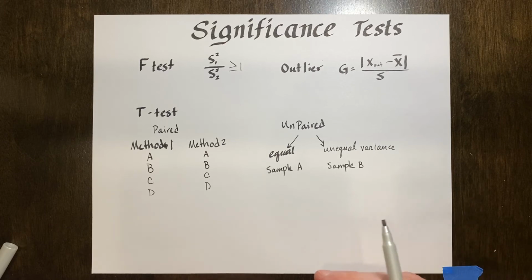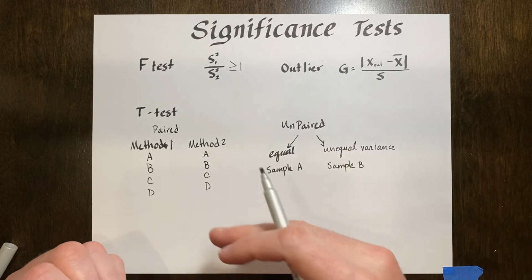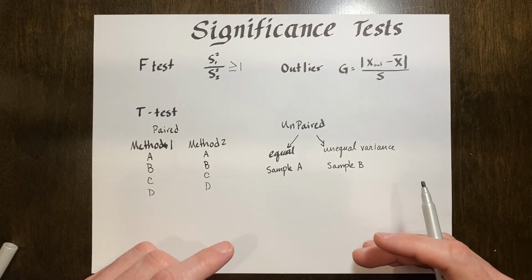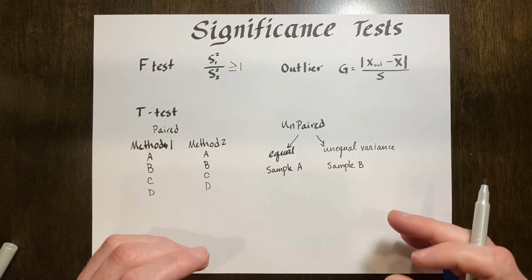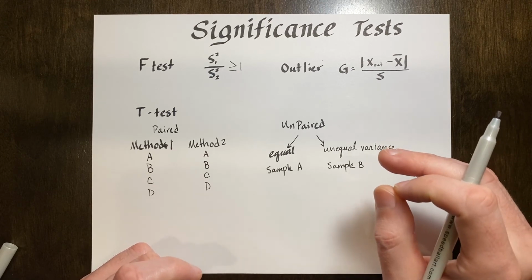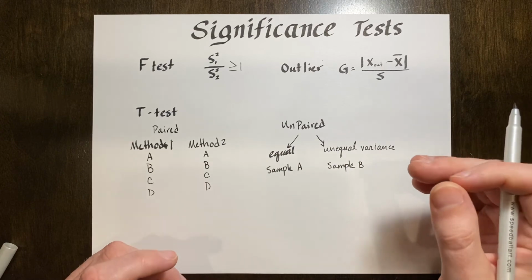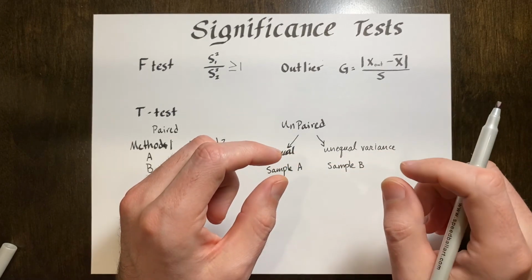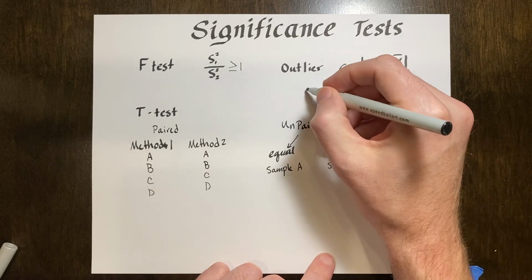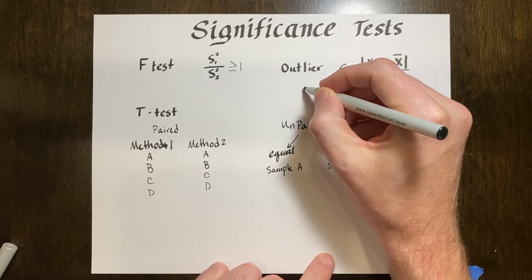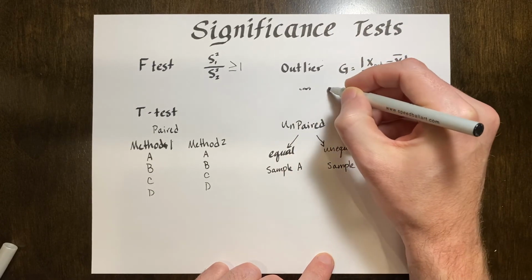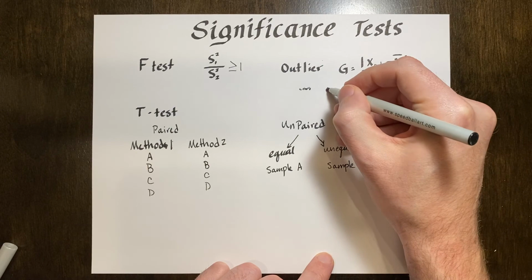Now, while we're talking all about this, we should also talk about outliers. So, an outlier is a data point that we suspect has a problem. So we're doing all of our measurements and they're all clustering around one little point, and say they're all kind of in this range, and then we get one data point that's over here, right?